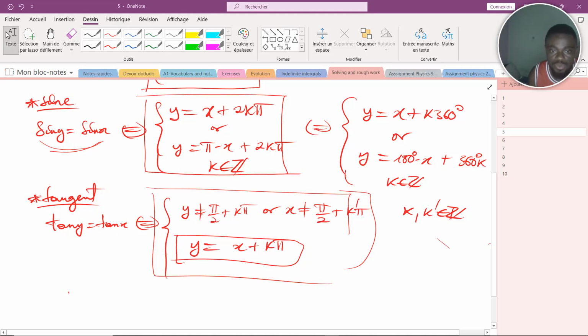Y and x must not be equal to odd multiples of pi on 2. That is, y must not be equal to pi on 2 plus k pi, and x must not be equal to pi on 2 plus k prime pi, where k and k prime belong to Z. Is that okay? So that's the first thing we have to verify before giving the general solution.